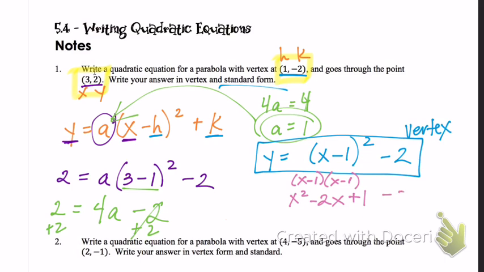And I'm going to add the minus 2 at the end. So standard form would be Y equals X squared minus 2X minus 1.